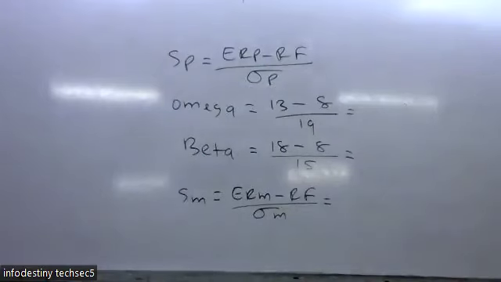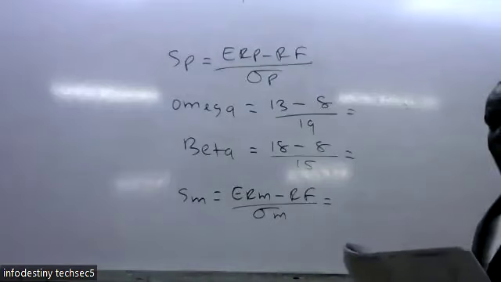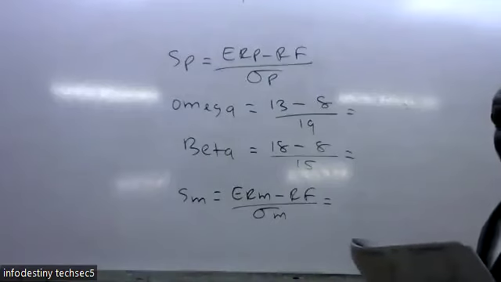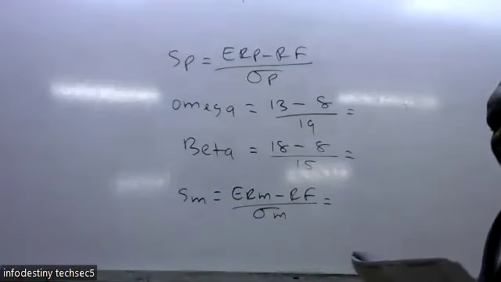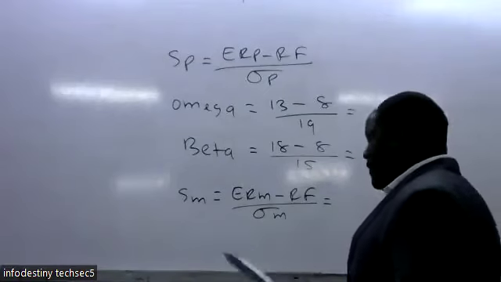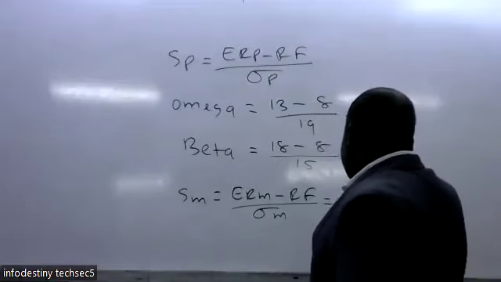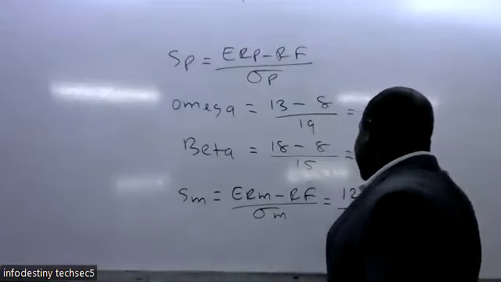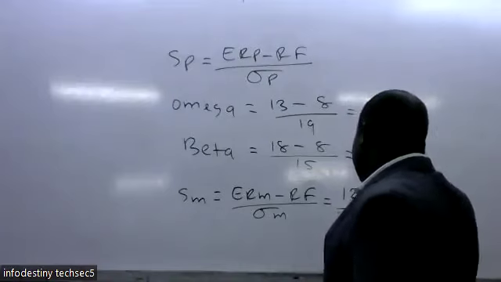Return on the market index is in note number 1. They gave you 12. Risk-free rate is still 8, but your standard deviation for the market was not provided.